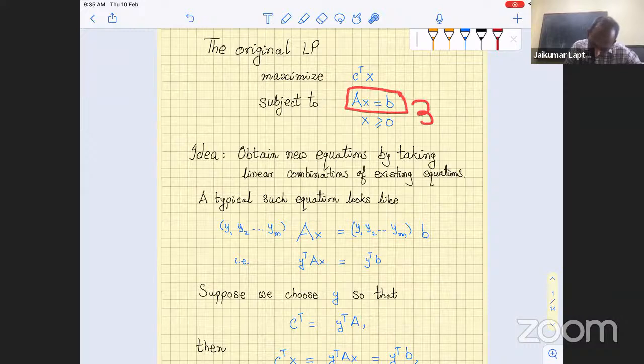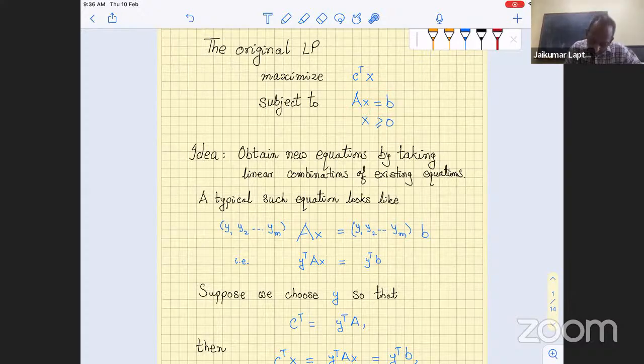This is a bunch of equations. The variables appear on the left and the constants appear on the right. So we can take linear combinations of these equations and you will get other equations. Now, each of those other equations must necessarily hold for every feasible solution.